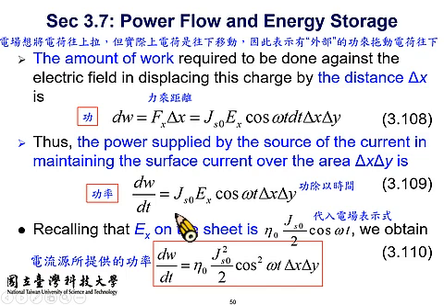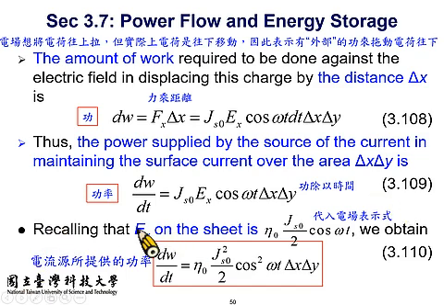So you have equation 3.109, that is the current density J sub S0 times the electrical field at that position, that is Ex, times the time variant function cosine omega t times the area delta x delta y. You have the power of that region on the current sheet.